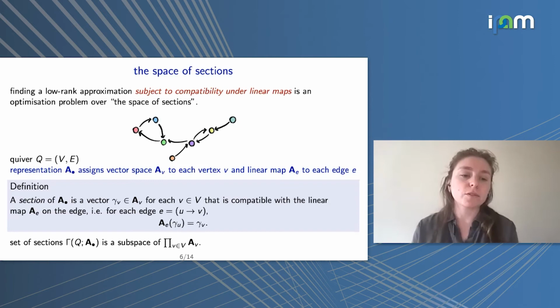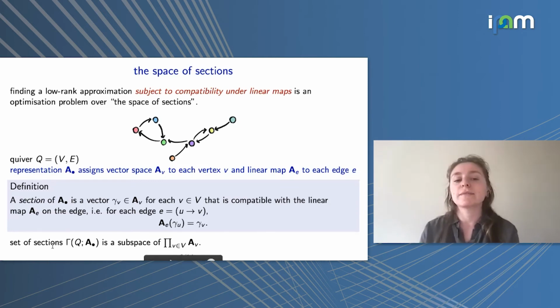Okay, and I'll denote the set of sections by this gamma QA, sort of sheaf-like notation.